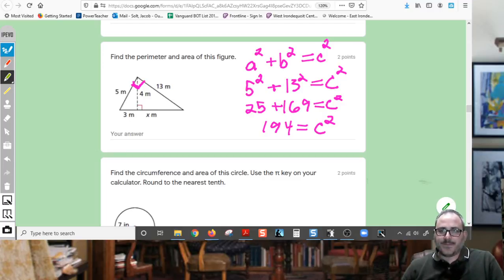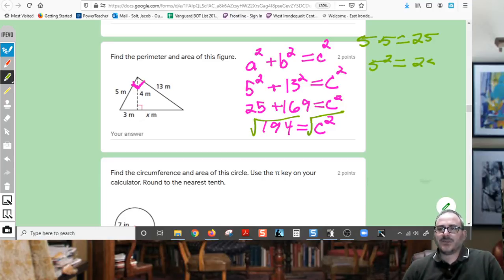Well, this is how you get rid of a squared. Now let me show you how this works. What's 5 times 5? Well, that's 25, right? That's equal to 25. What is 5 squared? Well, that's the same thing as 5 times 5, 25.